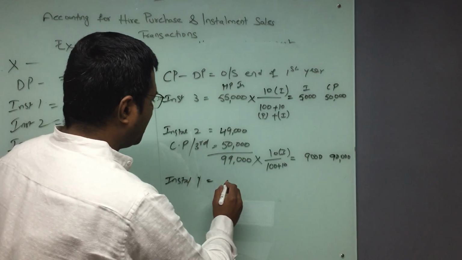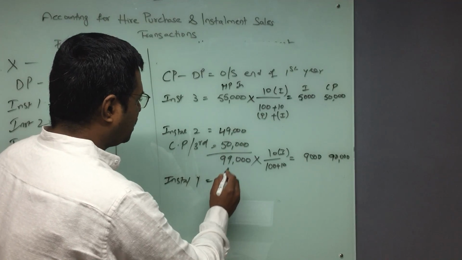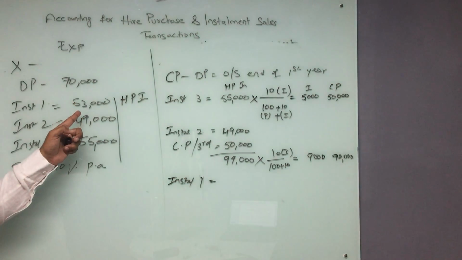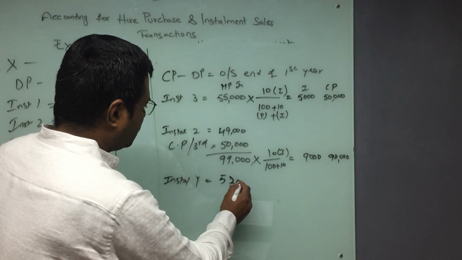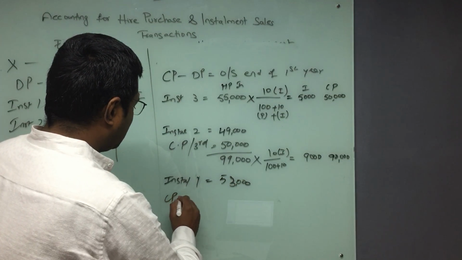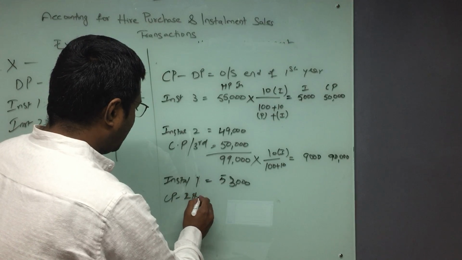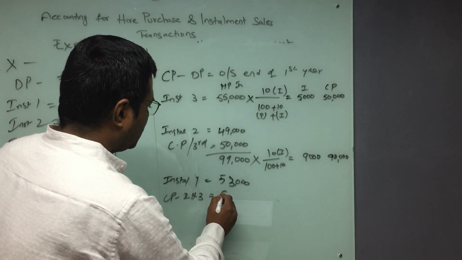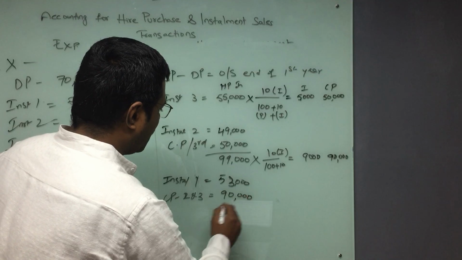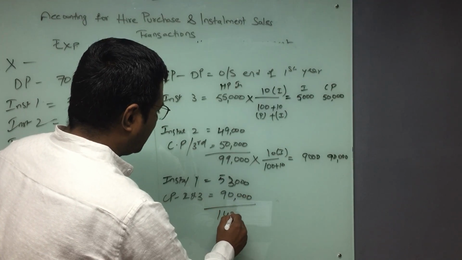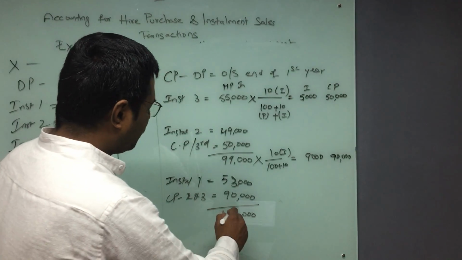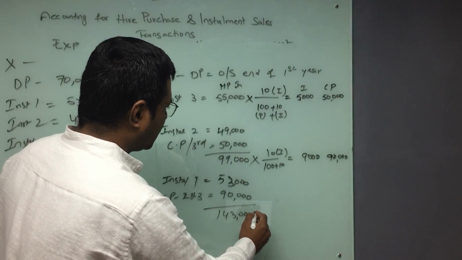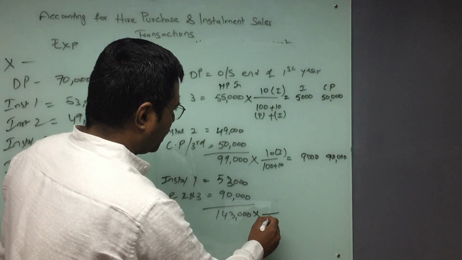So what is my beginning outstanding, what is the installment here? 53,000. Installment 1 is 53,000, and the cash price of installment 2 and installment 3 is 90,000. Total outstanding at the beginning of year 1 is 1,43,000 including interest.